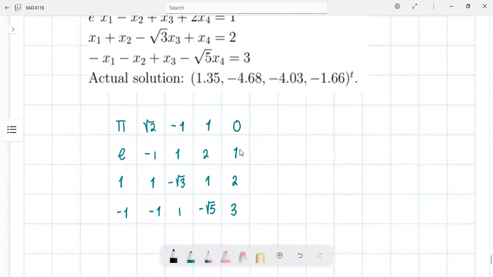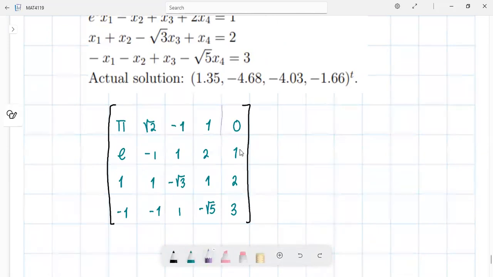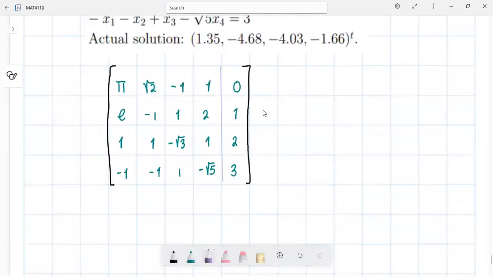This matrix is called the augmented matrix. I'll separate the coefficient matrix from the constants by this line here. So that's the first step.